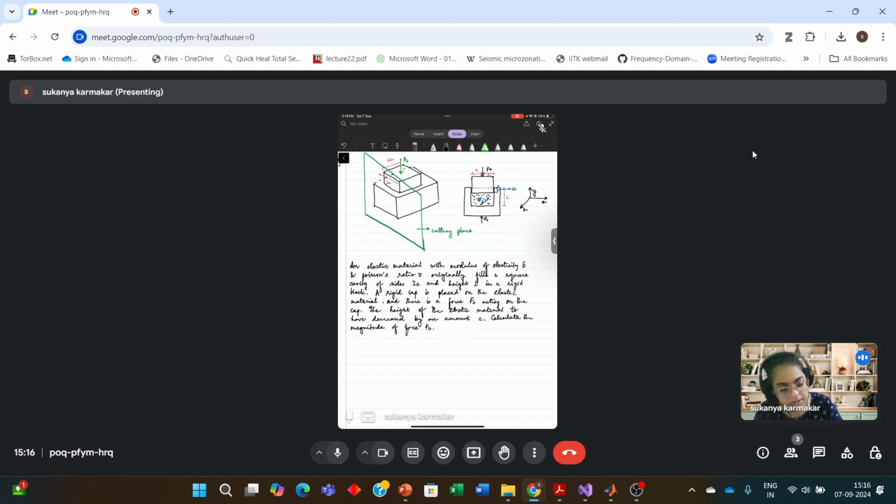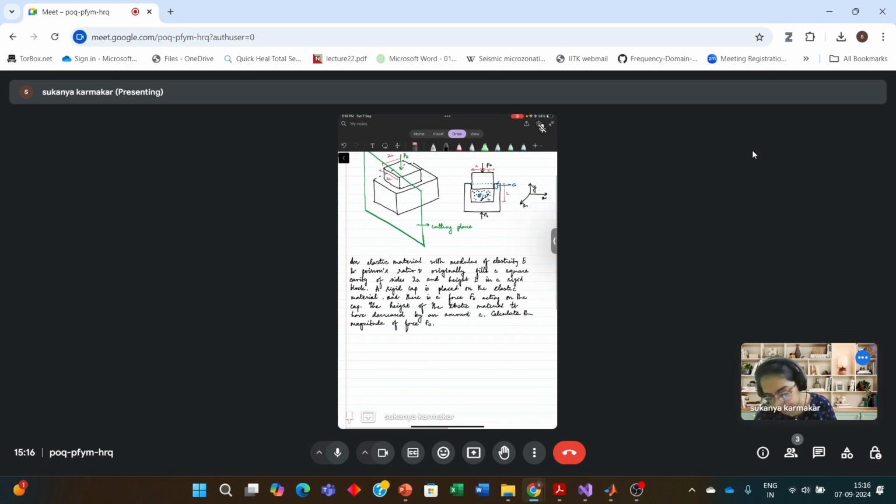Let's say z is the direction extending out of this plane. Because the elastic material is enclosed within the cavity in the x and z directions, the strains in those directions are zero, but deformation is possible in the y direction, so there can be a strain in the y direction. So let's use the stress strain relationship, and let's write down the strain relationship.